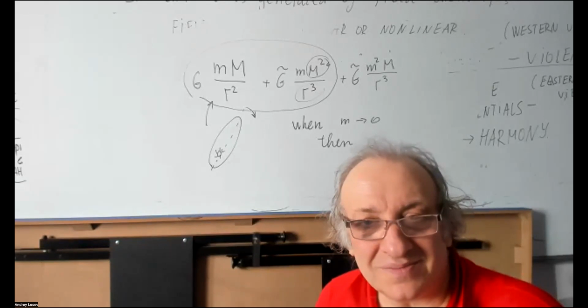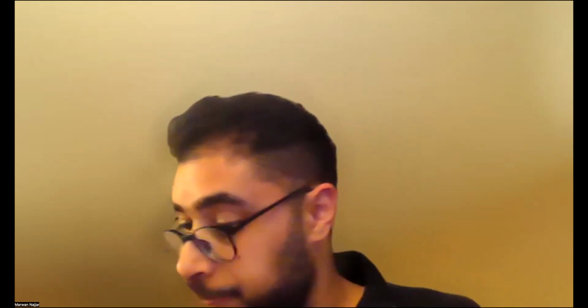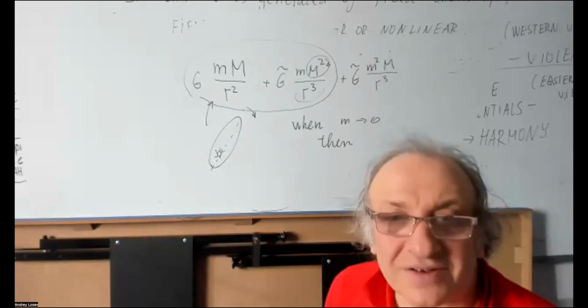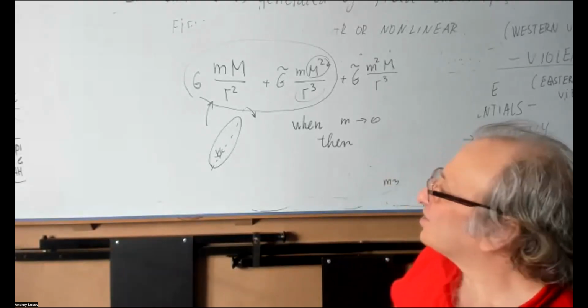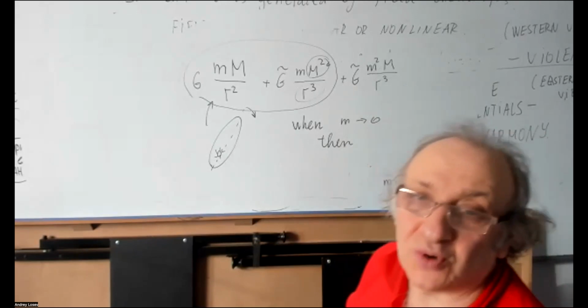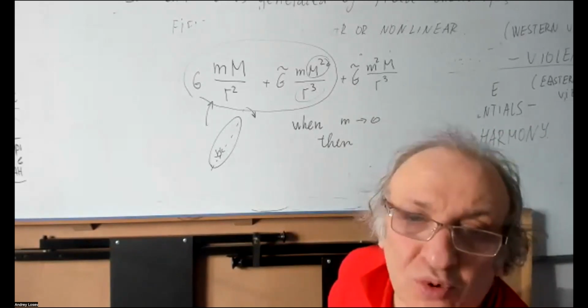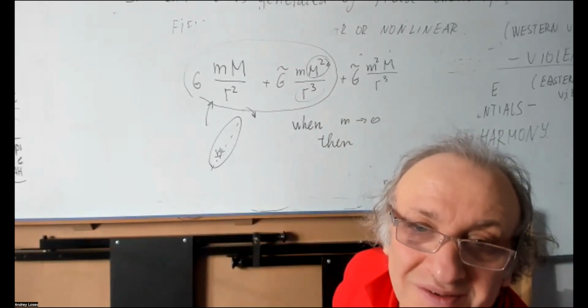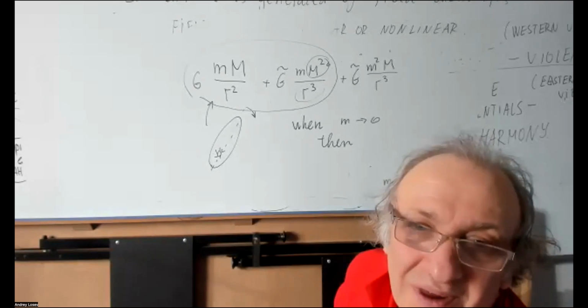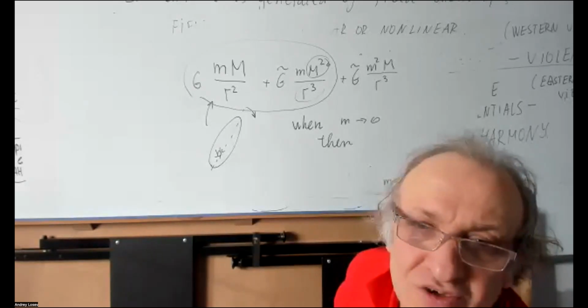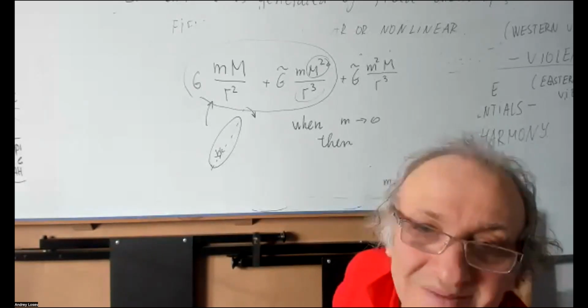Okay? Otherwise, it will be a contradiction. Suppose we have one small body and one big body, and the small body is not changing geometry. Then let us take a billion small bodies. They will not change the geometry. However, if we have billions of small bodies, they form a big body.